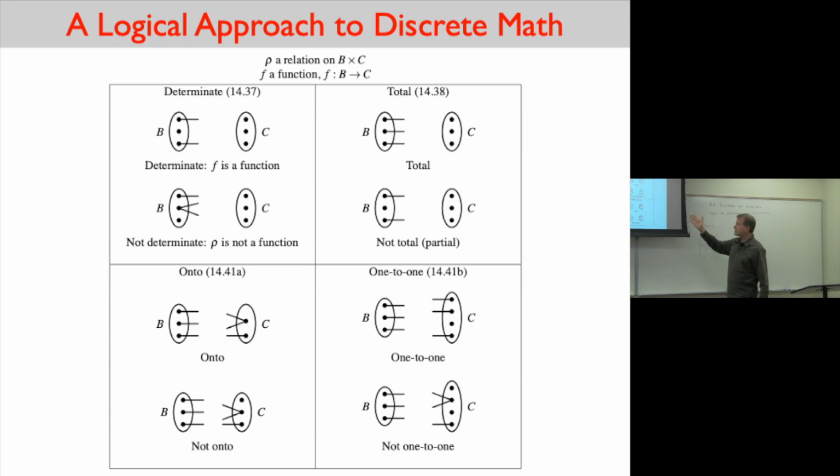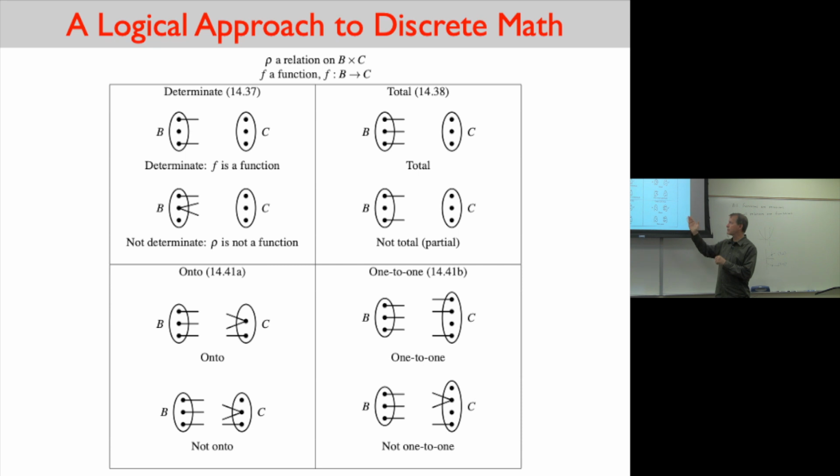Now, the next three definitions, total, one-to-one, and onto, all assume that it's determinate, because we're talking about functions now. So the very first thing we do is define what a function is. You know how we have these different kinds of relations? We've got reflexive, symmetric, antisymmetric, all these different ways to classify. Well, we have all these different ways to classify a function.